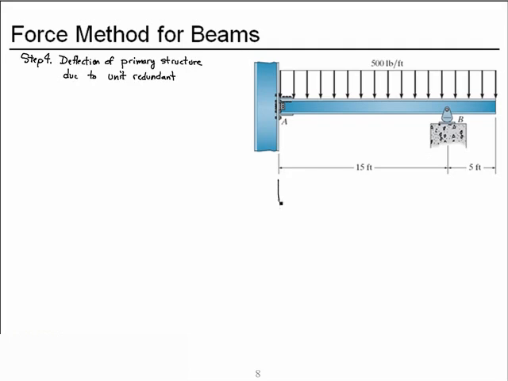So in this case, our primary structure is a cantilever. The redundant is a vertical force at B, and so we'll make that a value of 1.